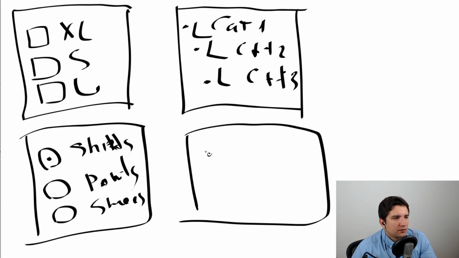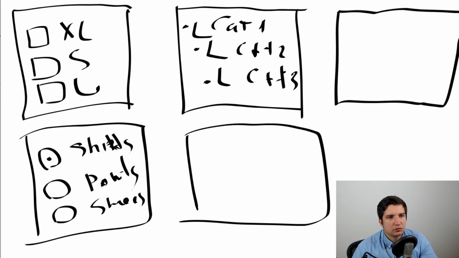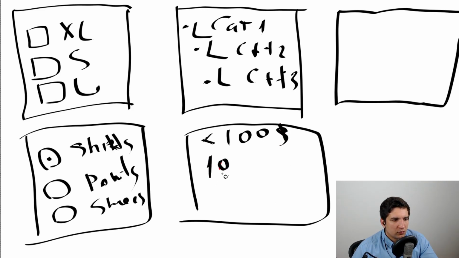And the fourth one is usually one for prices. So actually we have another one, for instance, price ranges. Let's say everything that is below 100, from 100 till, let's say, 200.